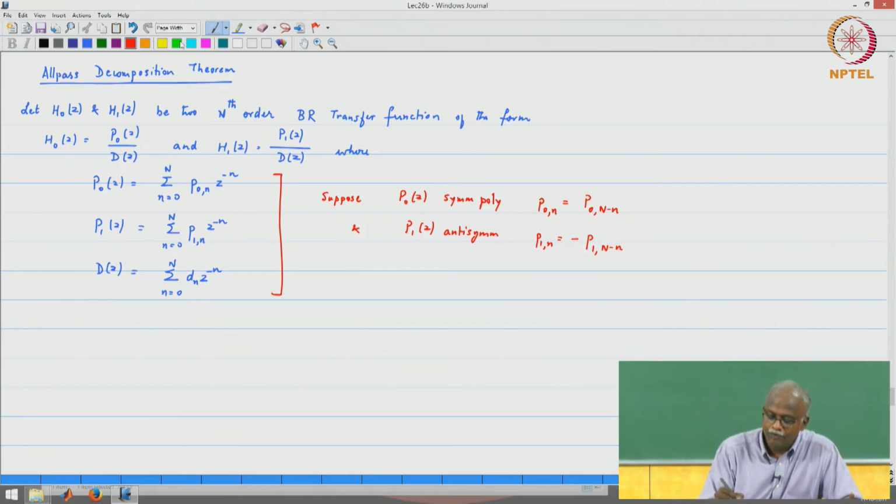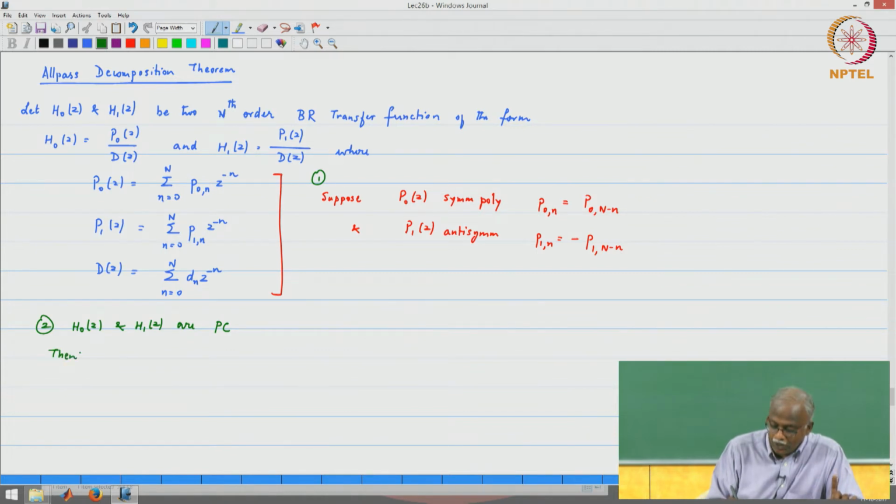Okay. Now, if in addition to that you add one more condition, so this was condition number 1, a second condition that if h naught of z and h 1 of z are power complementary, then the all pass decomposition theorem states that we can write down h naught of z as a naught of z plus a 1 of z divided by 2.